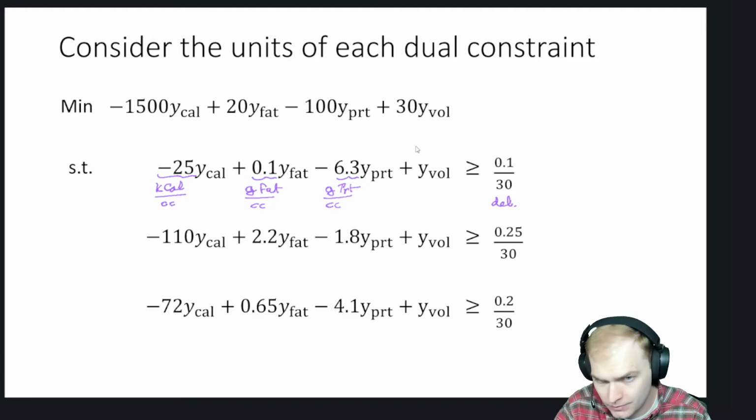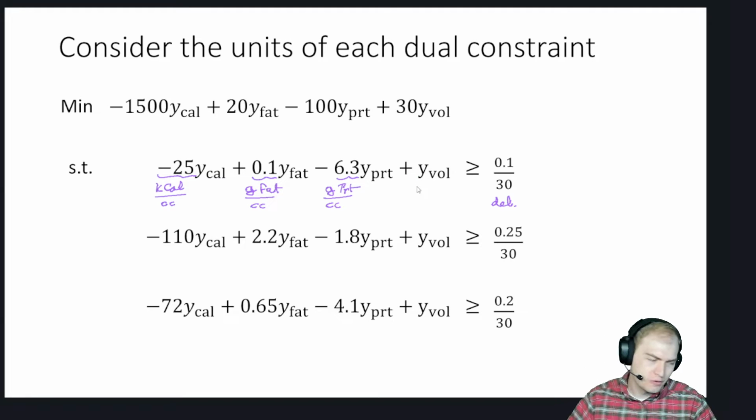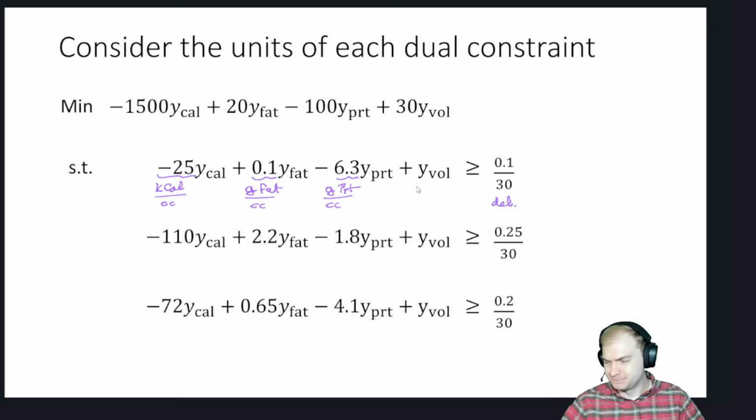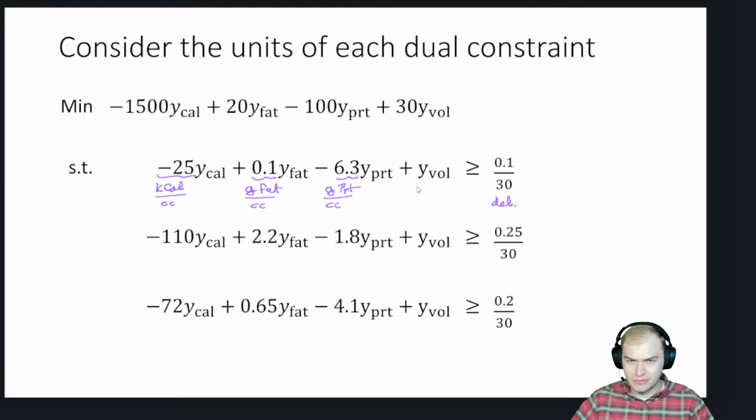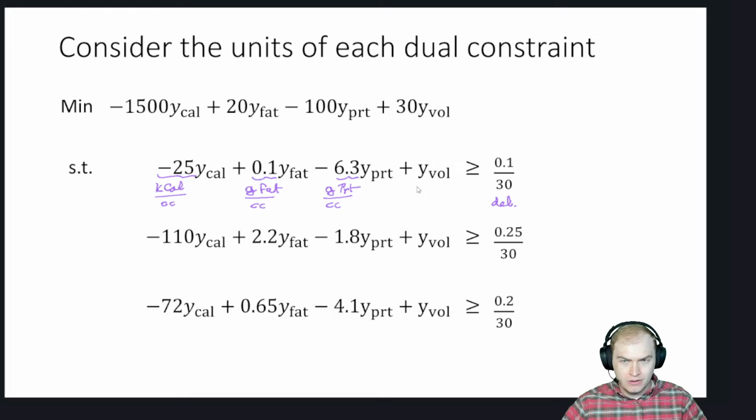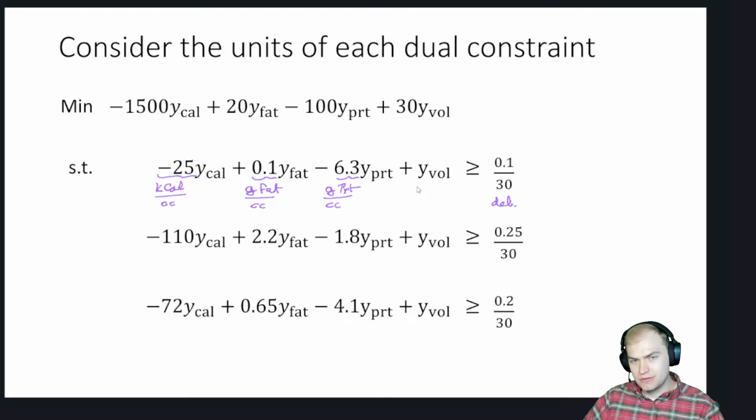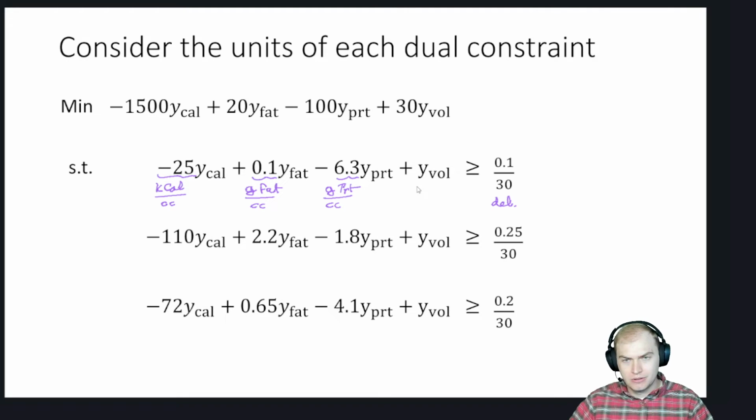And there is a unit sort of buried here, but it's just cubic centimeters per cubic centimeter. So I'm not going to bother writing that. Somehow this needs to evaluate to deliciousness.